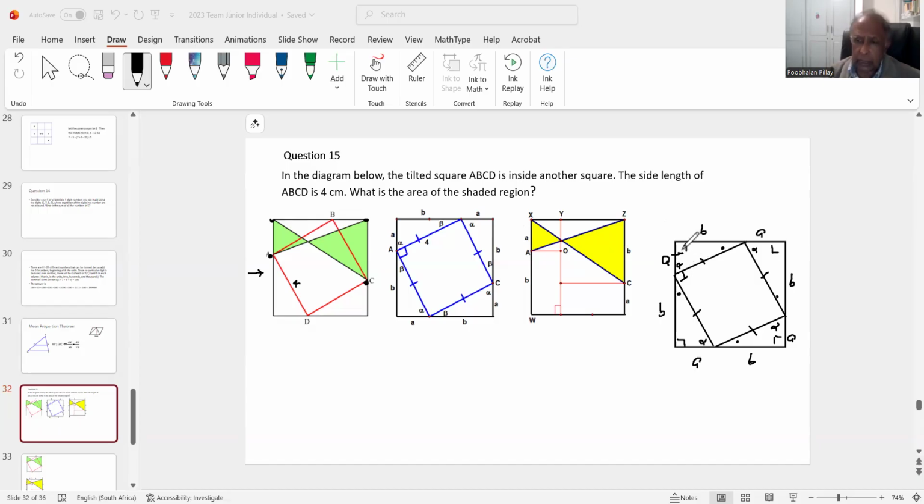But I'm particularly interested in the fact that in this diagram here, this A was this vertex A, and that was joined to that, and this is C here.